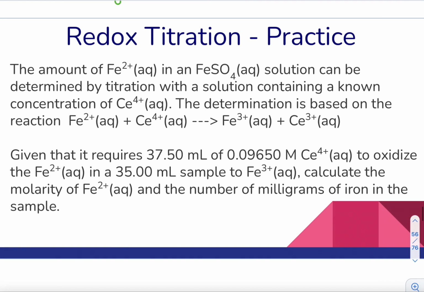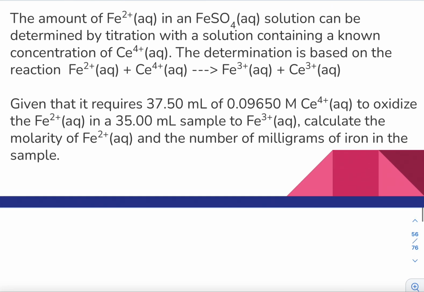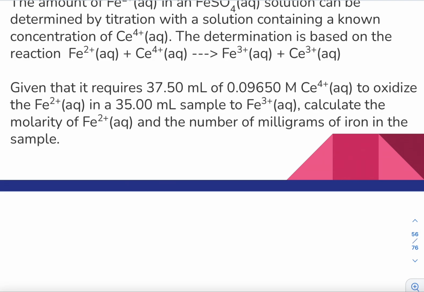All right, so here's one more practice. You can pause it and try it on your own. Okay, so we have our liters and our molarity of Ce4 plus to oxidize the Fe2 plus.